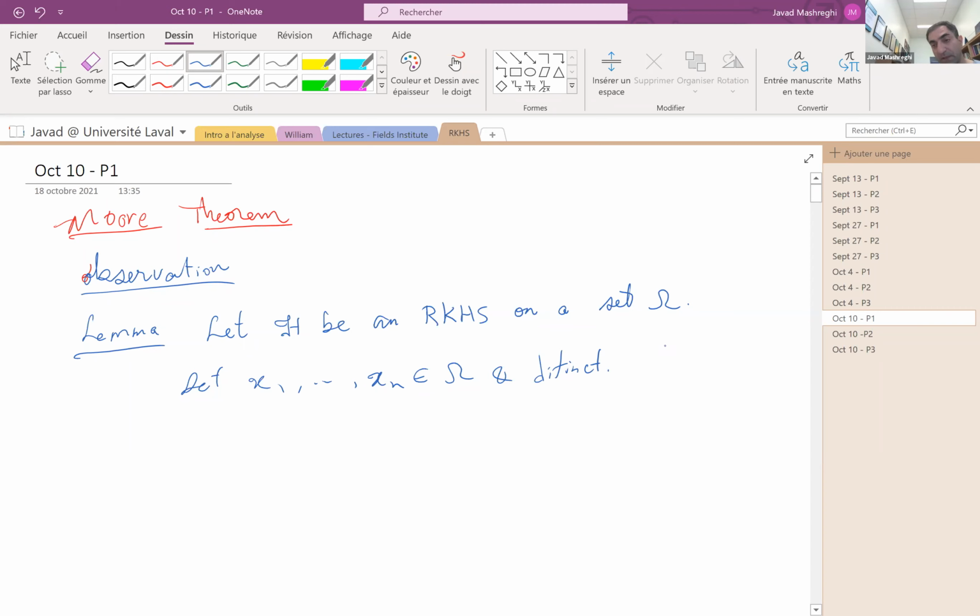Then you can form a matrix with these points and the kernel of the Hilbert space. And here is our matrix. You can see the n by n matrix K at point xi and xj, and i and j both run from 1 to n.